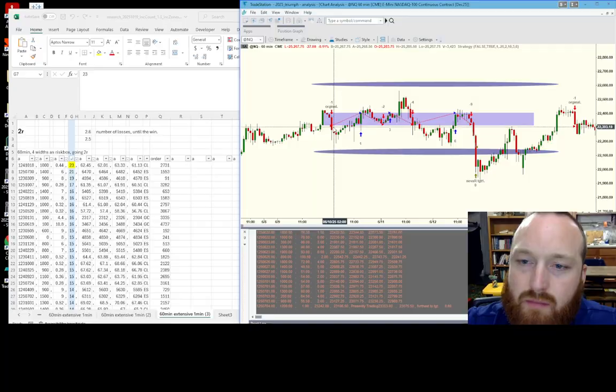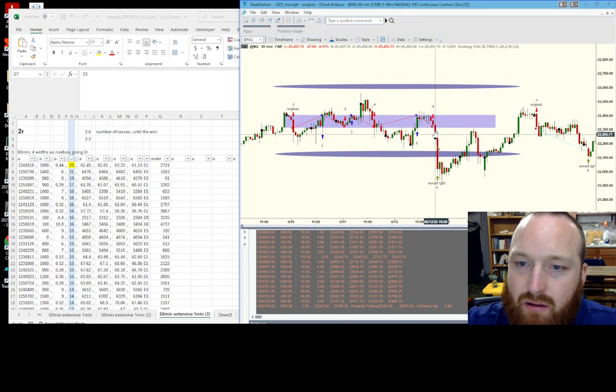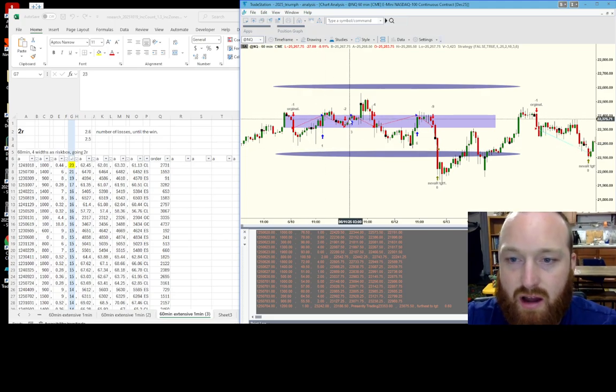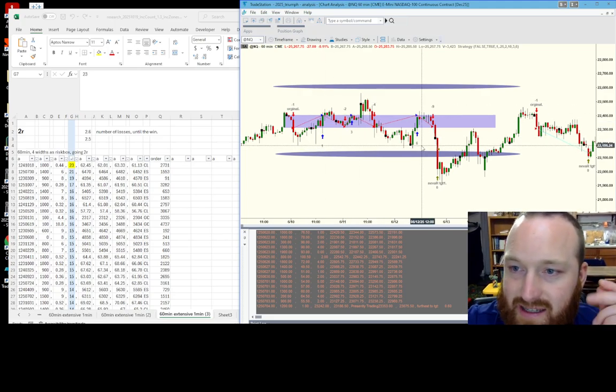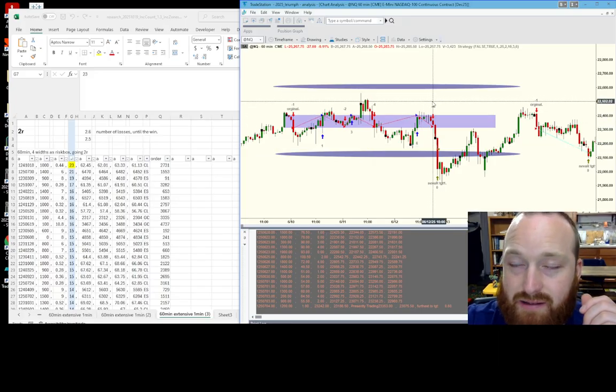Now, 1, 2, 3, 4, 5. You can see how in this scenario, it did not get to 2R for many trades. We had 1 contract, 2 contracts, 3 contracts, 4 contracts, 6 contracts. Now we're controlling 9 contracts.